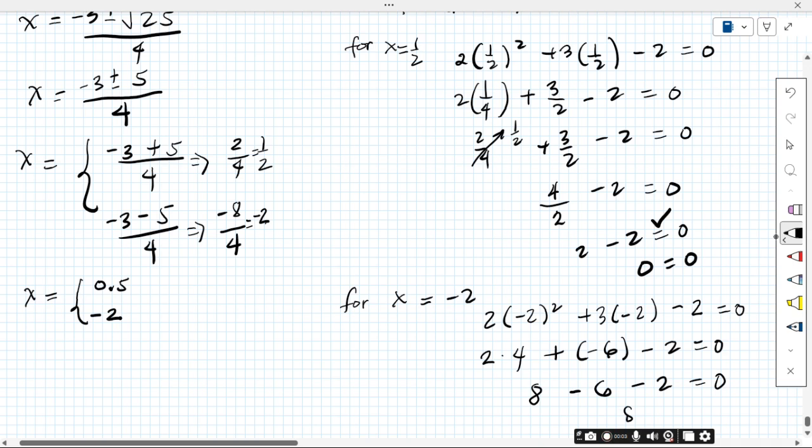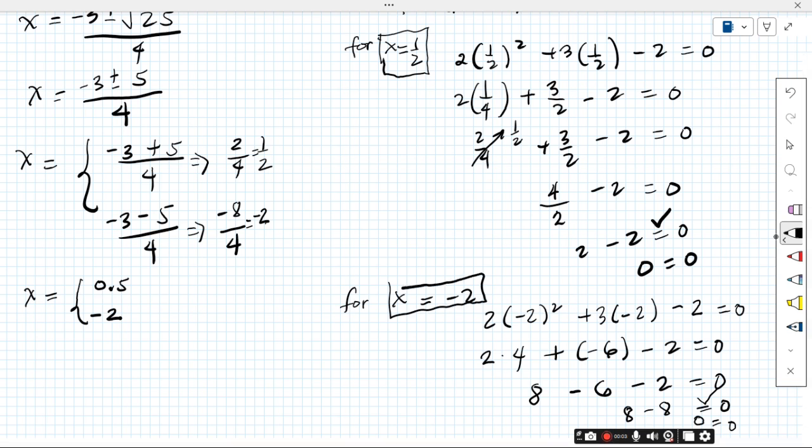This becomes 8, and negative 6 minus 2 is negative 8. And we have proven that it is also true, 0 equals 0. So the real roots for the answer are indeed 1 half and negative 2.